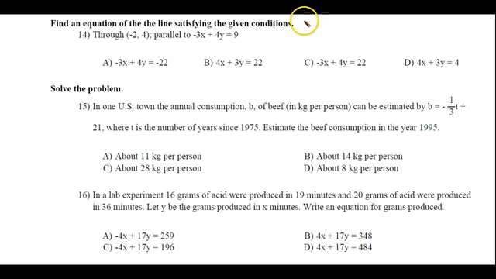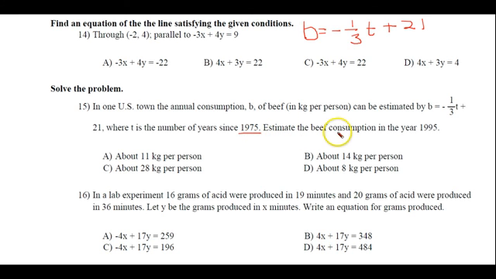Let's write it up here. B equals -1/3 T plus 21. It's kind of cut off there a little bit. Where T is the number of years since 1975.